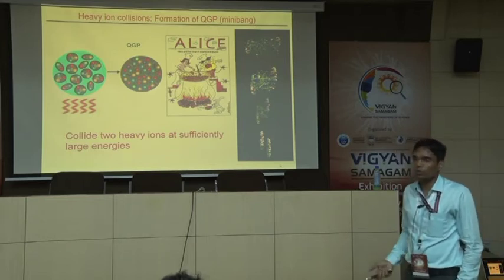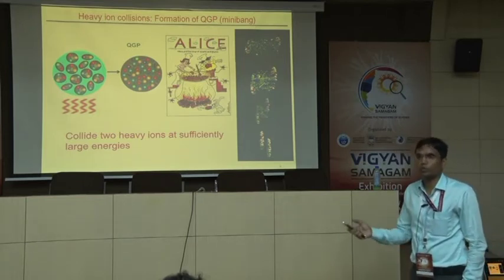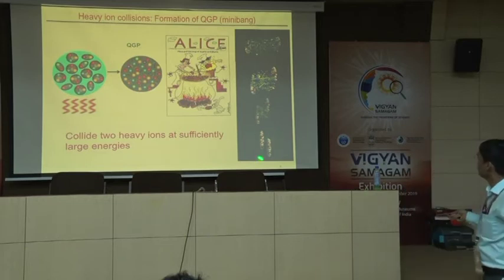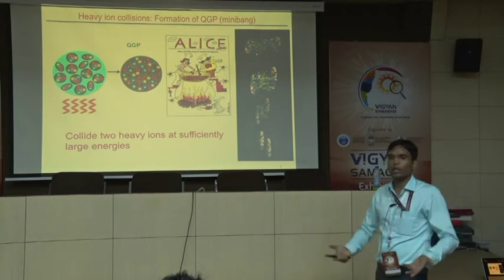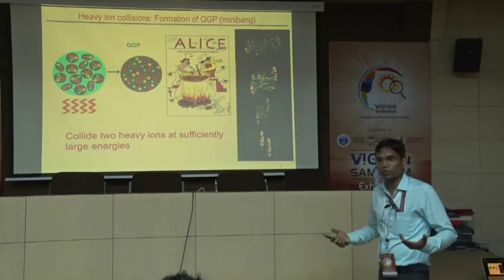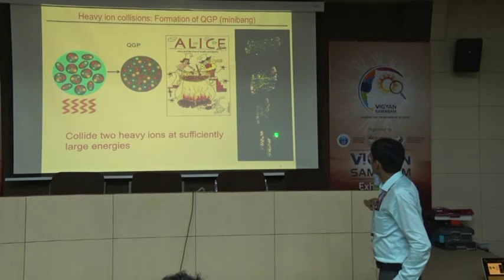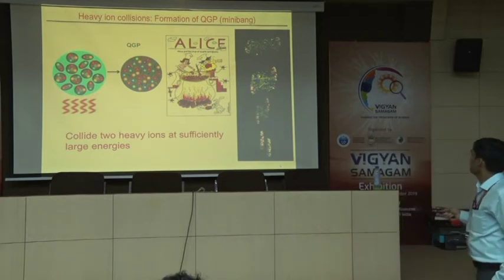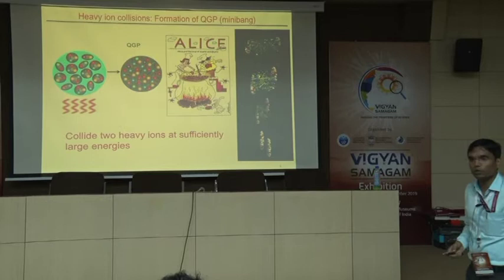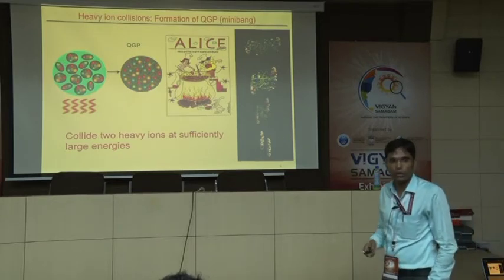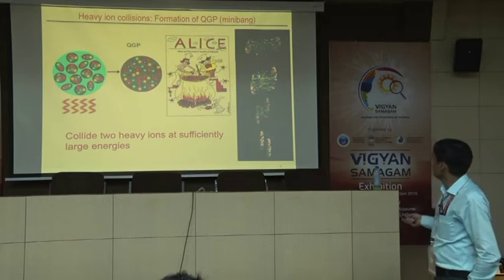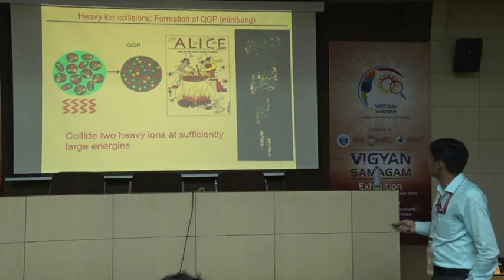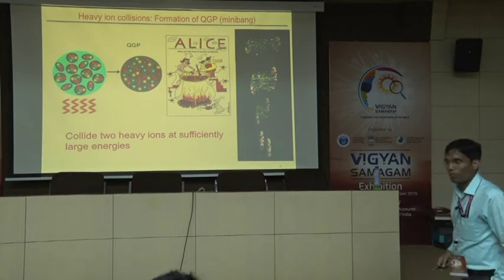People thought maybe 30, 40, 50 years ago that if you collide two heavy ions, meaning nuclei of, let us say, lead, which is a heavy element, right? If you collide the nuclei of two heavy elements at very high speed, close to the velocity of light, then huge energy will be dumped in the collision region and you can get that temperature. So this is done in heavy ion collisions.